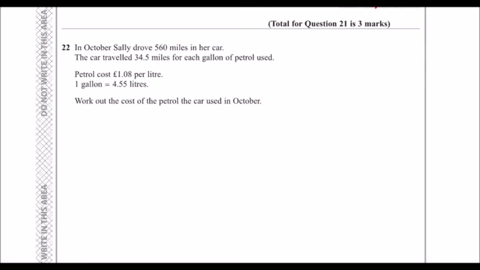Work out the cost of the petrol the car used in October. So there's lots of parts to this. We've got 560 miles, and 34.5 miles is going to be a gallon. So if we divide by 34.5, we can see how many gallons of petrol.